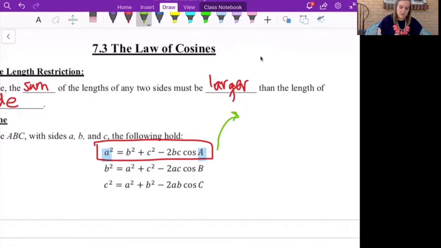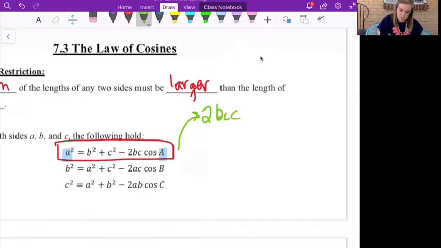So I'm going to switch the negative 2bc cosine A and then a squared. So then I get a positive 2bc cosine of A equals b squared plus c squared minus a squared.